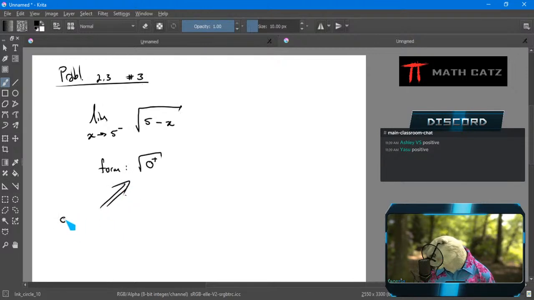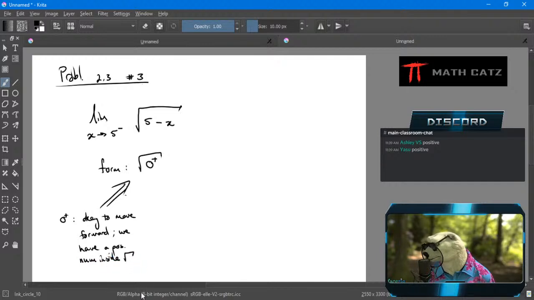So 0 plus means that I'm okay to move forward since we have a positive number inside the square root, right? So we can at least evaluate behavior.